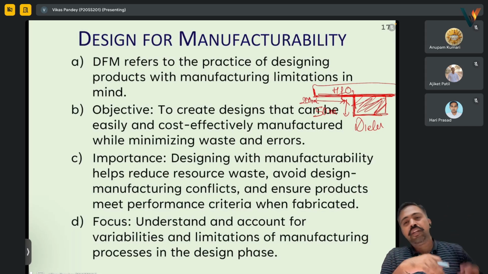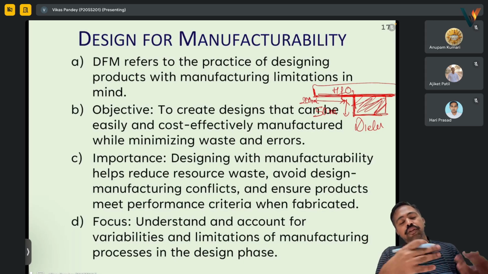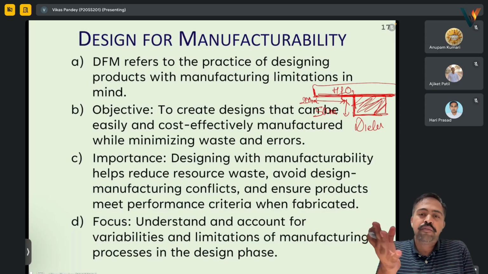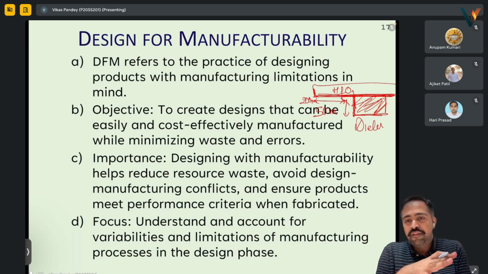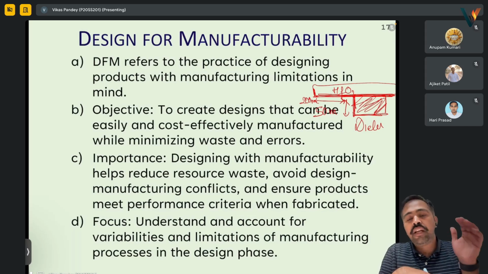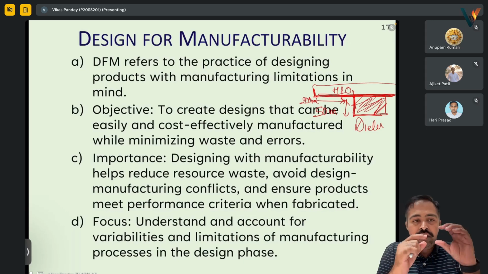Even if we put it in a simulation software, it will work fine and give the potential and everything. But it is not possible. It may not be feasible to have such a large overhang supported just by a smaller pillar.